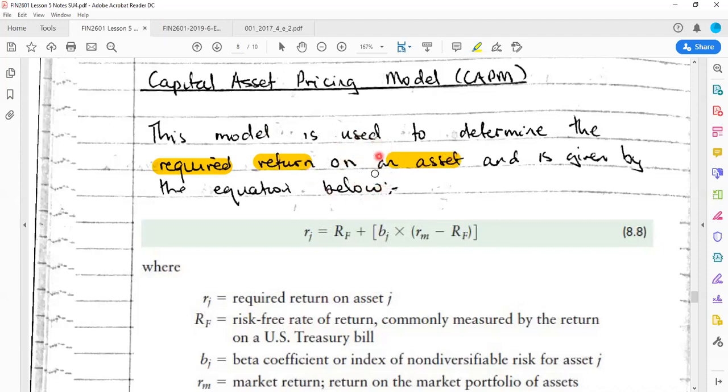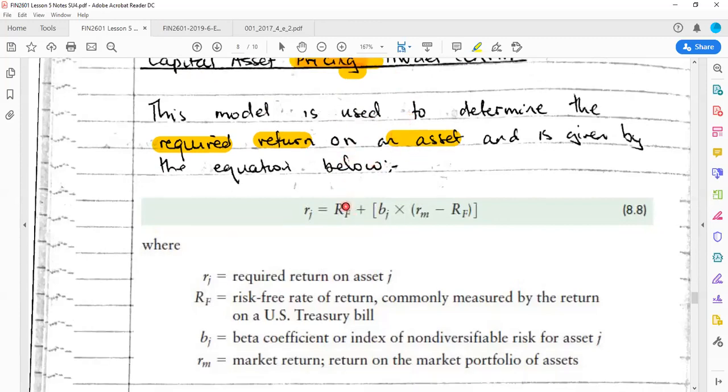So let's say we have the risk associated with an asset and we want to calculate the return we require given that risk. We can use what we call the capital asset pricing model. It's also known as a pricing model because it can tell us if an asset is correctly priced, if an asset is expensive or cheap, or whether the price is right.